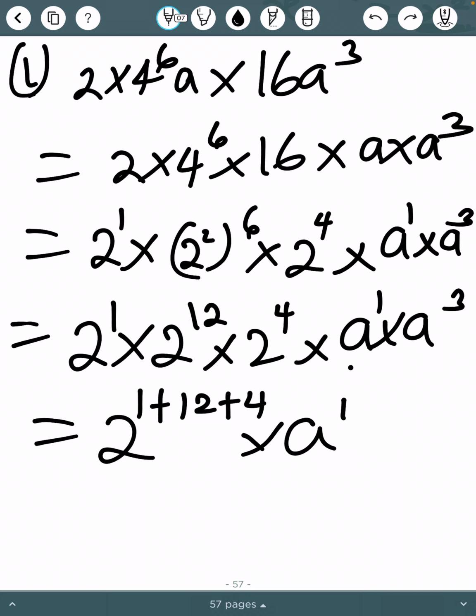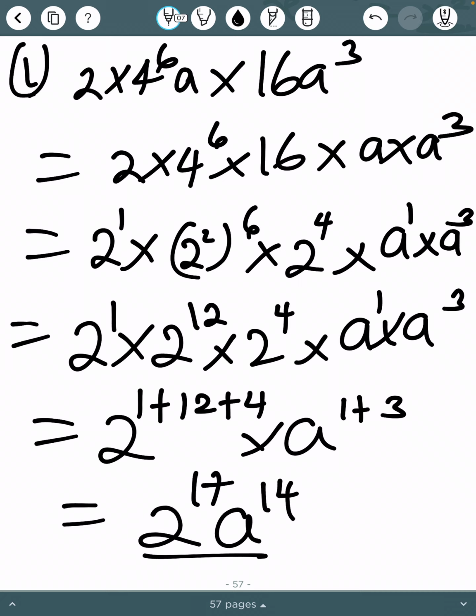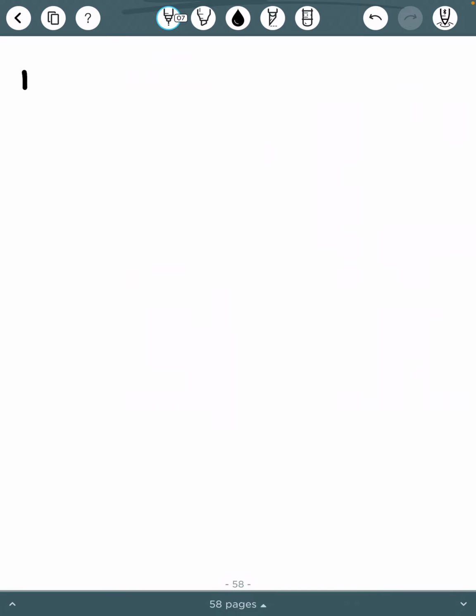A raised to power 1 times a raised to power 3 is a raised to power 1 plus 3. So my answer on next step is 2 raised to power 17 a raised to power 4, if I'm leaving my answer in index form. Let's go to question M.